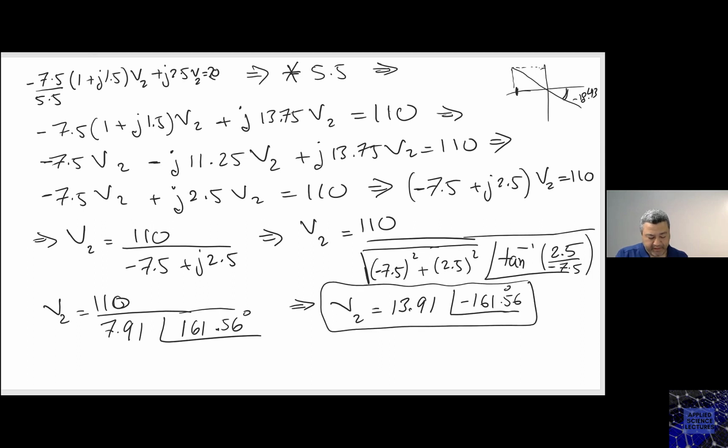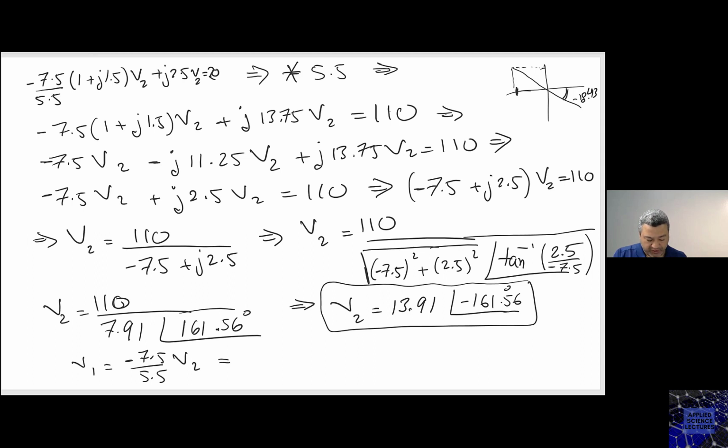V1 is minus 7.5 divided by 5.5 of V2. So the phase angle is not going to change. Only the minus here means a 180 degrees phase difference, right?